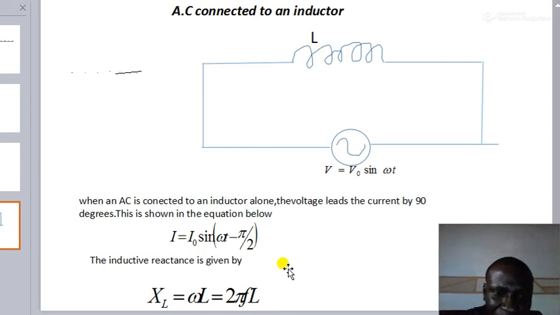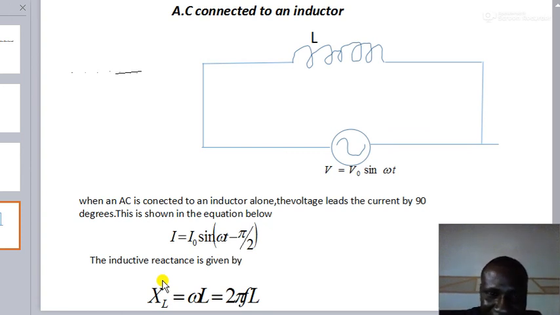And we must note that two of them, the capacitive reactance and the inductive reactance, are not pure resistances, they are imaginary resistances. In our subsequent lesson, we will understand more on the concept of these resistances called reactances being imaginary and not pure resistances as they are.